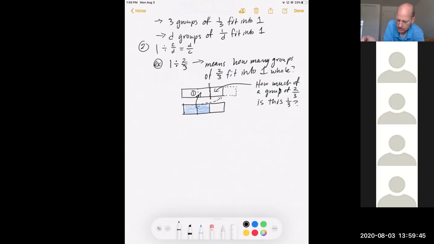Okay, so I've taken 2/3 from one group, and I just have 1/3 left of my whole bar. We need to think about how much of a group of 2/3 that is. Does anybody have an idea? This is my 2/3 right here, and I need this much right here. Isn't it 1/2 of the group of 2/3? Right, it's 1/2 of the group of 2/3.